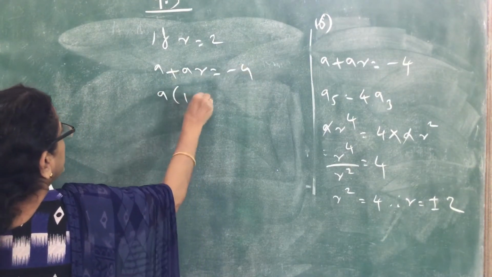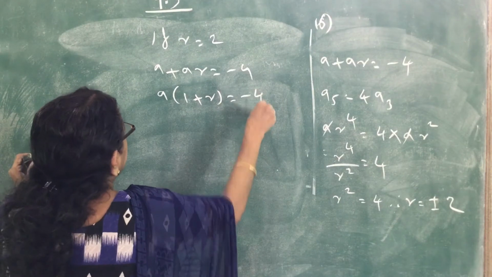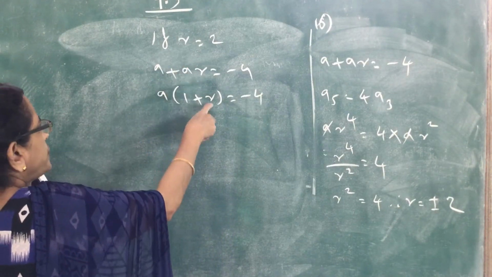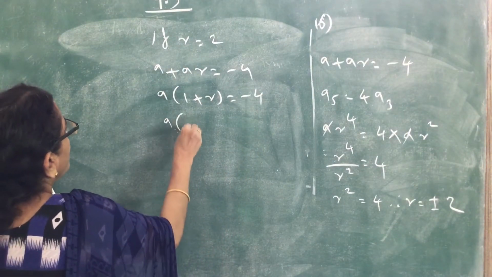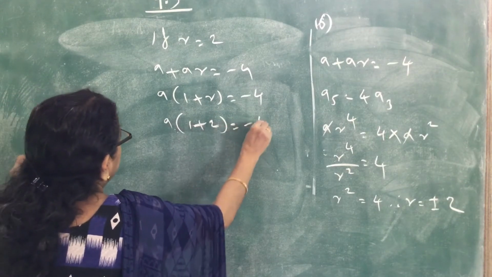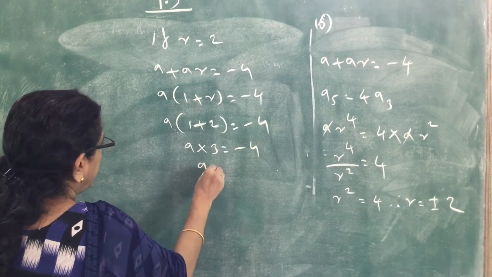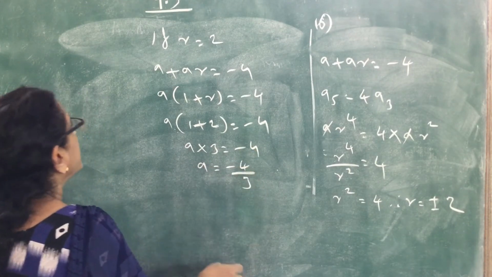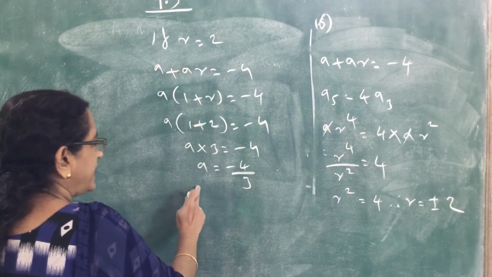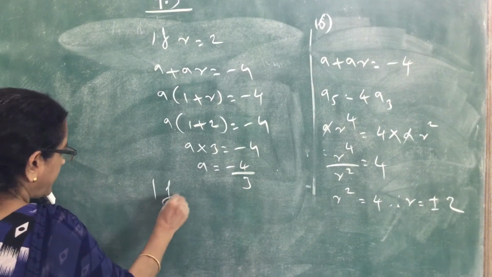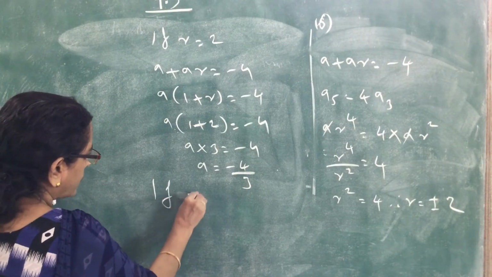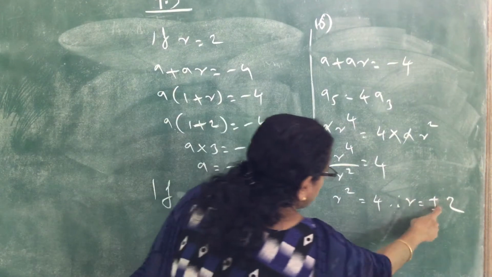That is A into 1 plus R equal to negative 4. So substitute R equal to 2 here. A into 1 plus 2 equal to negative 4, so A into 3 equal to negative 4, A equal to negative 4 by 3. So when R equal to 2, A is negative 4 by 3. Now if R equal to negative 2, consider the other value.